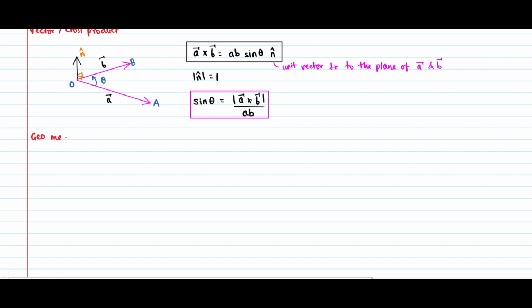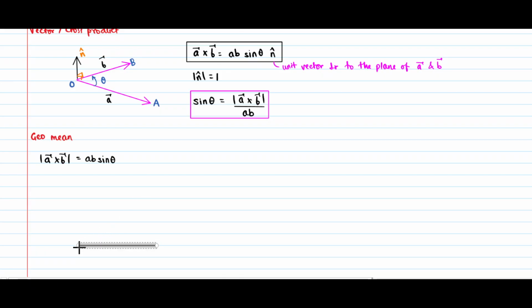So what does it mean geometrically? Let's say we took the magnitude of A cross B, then the unit vector would disappear, which is AB sine theta. Now let's look at a picture and think about it. Okay, so let's draw a parallelogram. I'm not going to be that careful in drawing this, I'm just going to do it pretty much freehand.